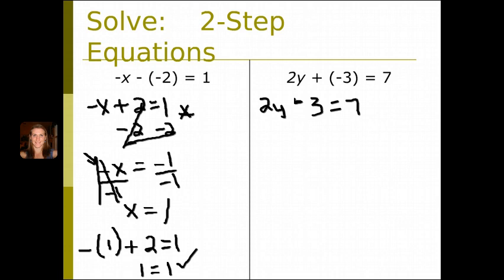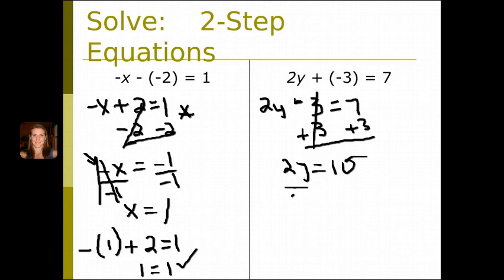To get rid of that, add 3 to both sides. Our 3's cancel on the left, leaving us with 2y equals 10. Divide both sides by 2. And you are left with y equals 5.